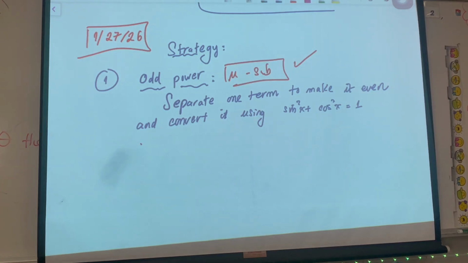Okay, for example, cosine, how about sine?